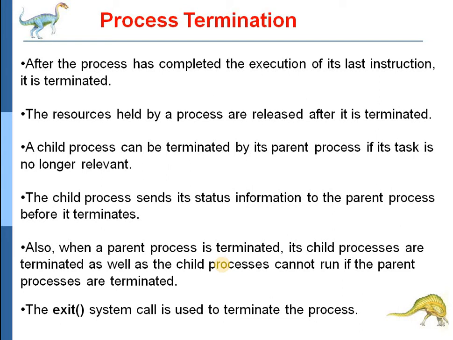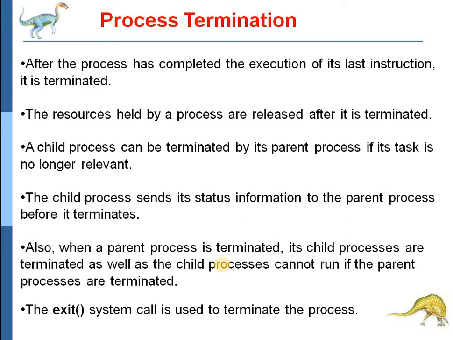A parent may terminate its child process for some reasons. Like, the child has exceeded its usage of some of the resources that it has been allocated. The second reason, the task assigned to the child process is not required anymore.